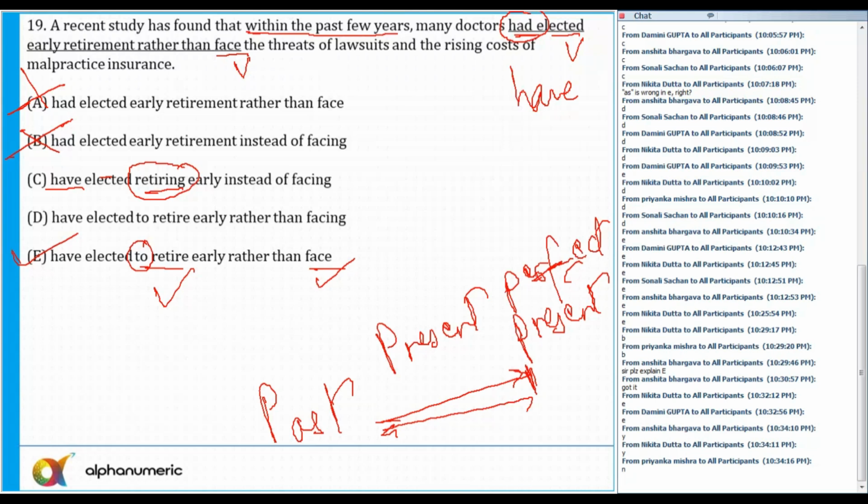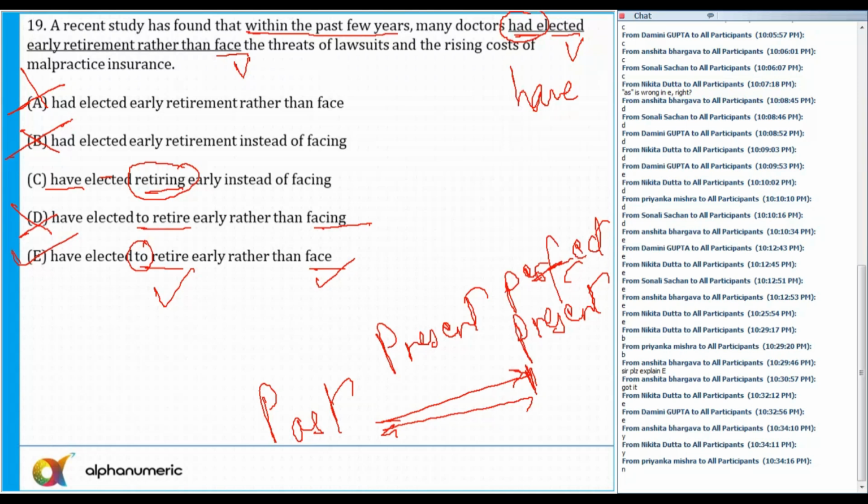Why the answer cannot be C? Because with the present perfect tense, we generally don't use the ing form. So C cannot be the answer. Number D, what is happening is over here I'm using the infinitive and over here I'm using the gerund.